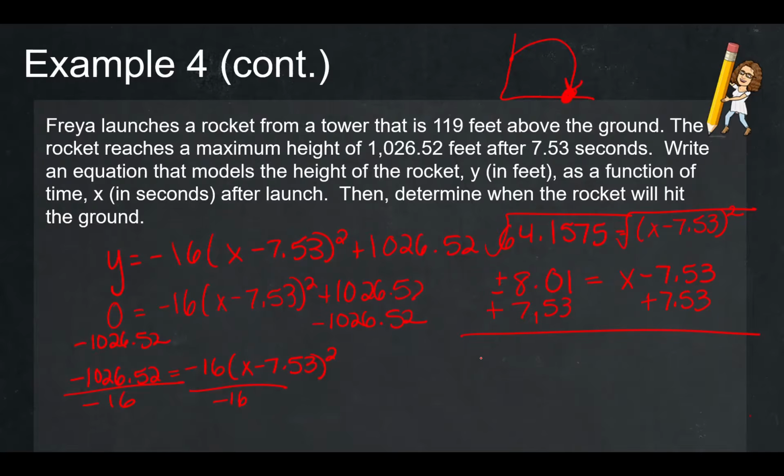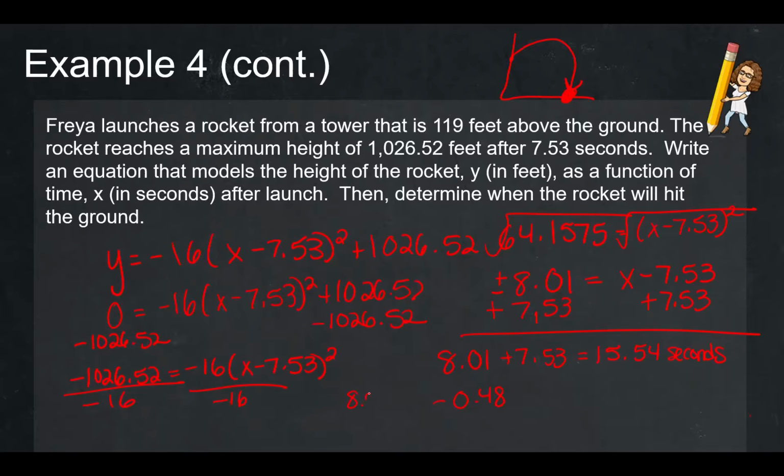Okay, so I have 2 different possibilities. I have the positive 8.01 plus 7.53, which will give me 15.54 seconds. It's time. And then if I do the other way, I would have negative 8.01 plus 7.53, which is negative 0.48.